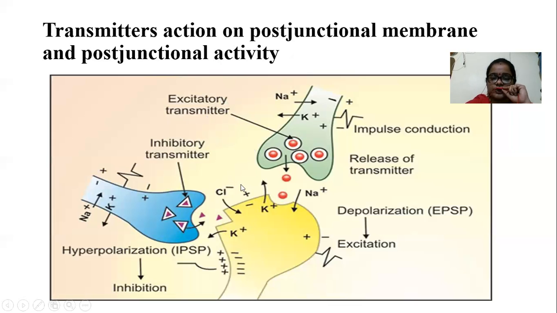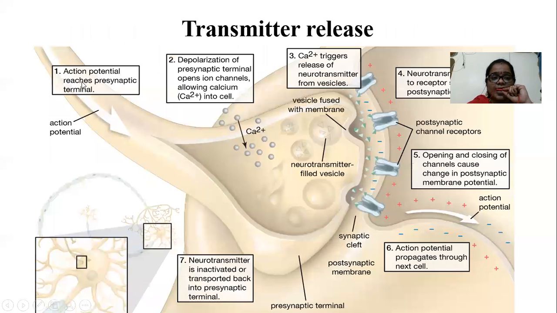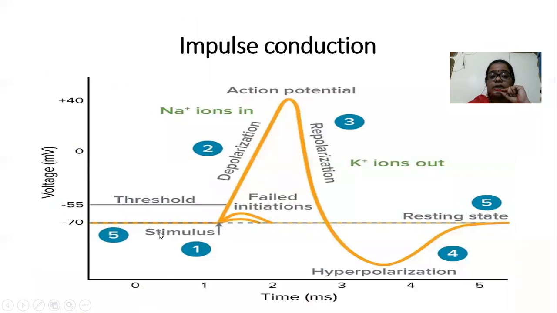How is the neurotransmitter released? After arrival of the action potential. After arrival of the action potential, these are the steps that happen. So how is the action potential produced? When the resting neuron is exposed to a stimulus.